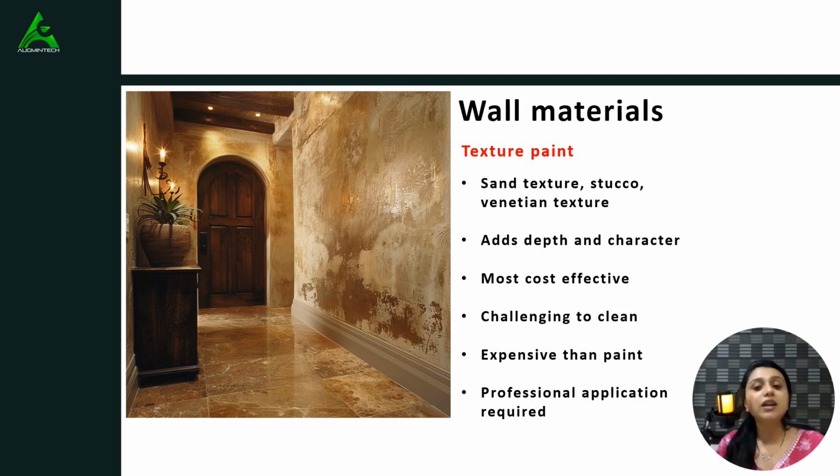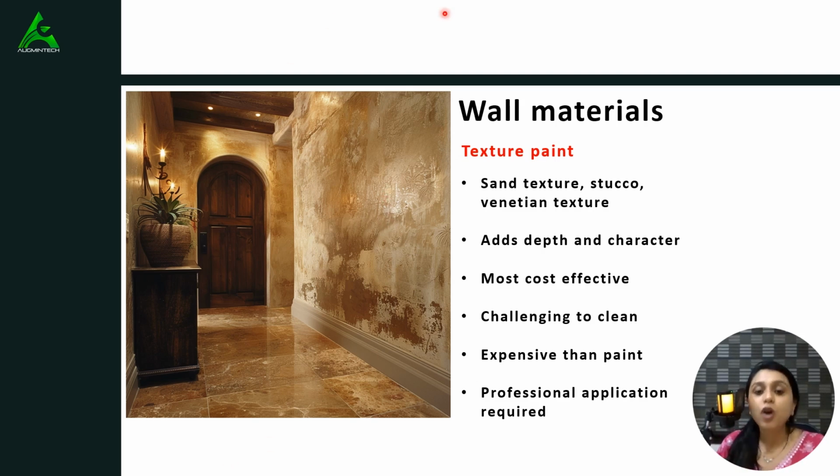Secondly, if you are looking for a very subtle texture, you can go for Venetian texture. Venetian texture is what you are looking at in this image. What happens here is the plaster is done, and then more layers of plaster are applied and an uneven distribution is created, right?